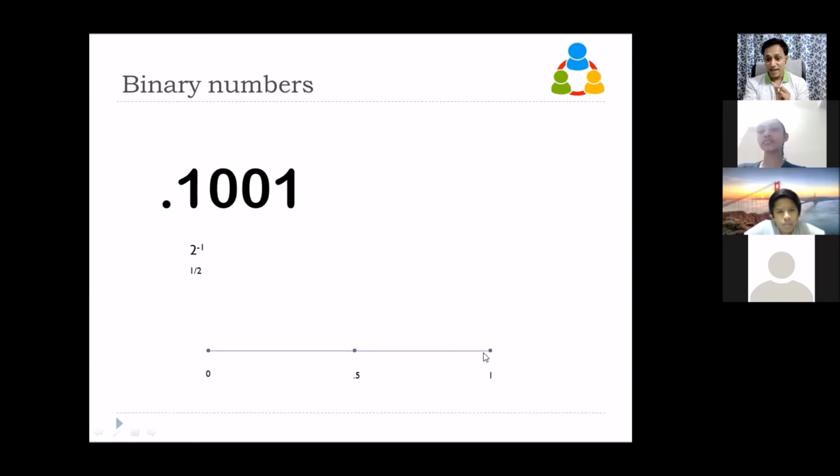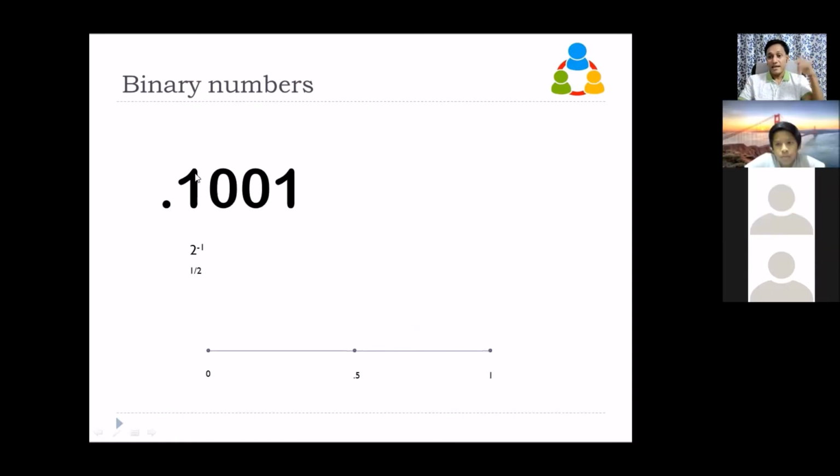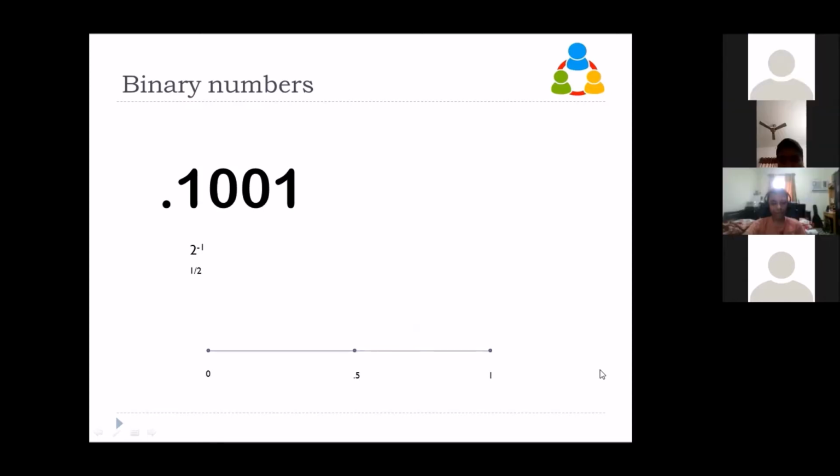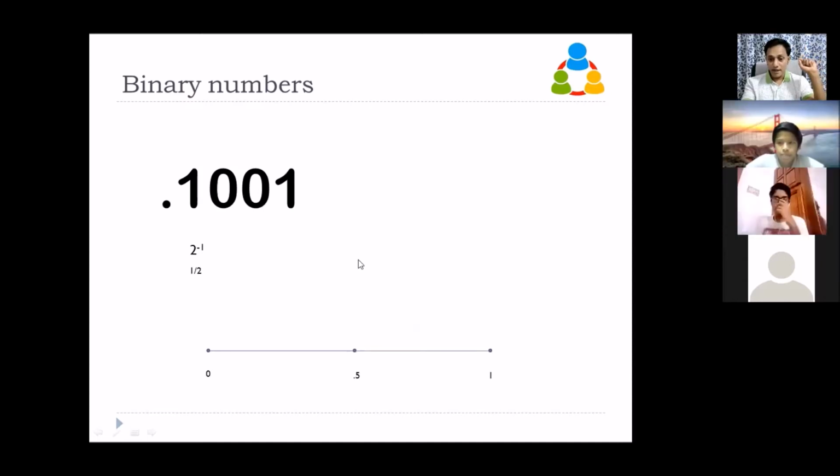If the value is 0.99, let us assume, slightly before 1, we can still represent it only as 0.1. In the decimal system, if it was 0.99, you could have represented it as 0.9. So the accuracy comes to 1 by 10. Here the accuracy comes to 1 by 2 only because you have only 2 numbers. Understand? Yes, sir.